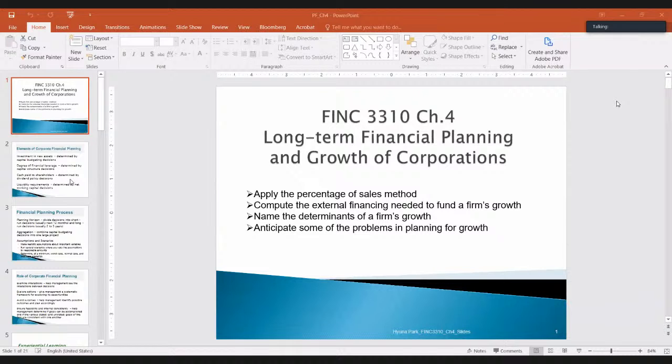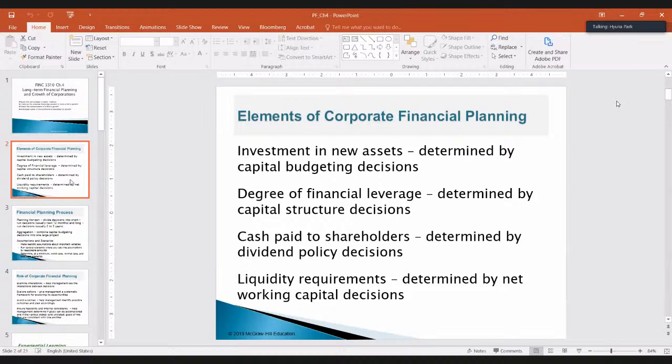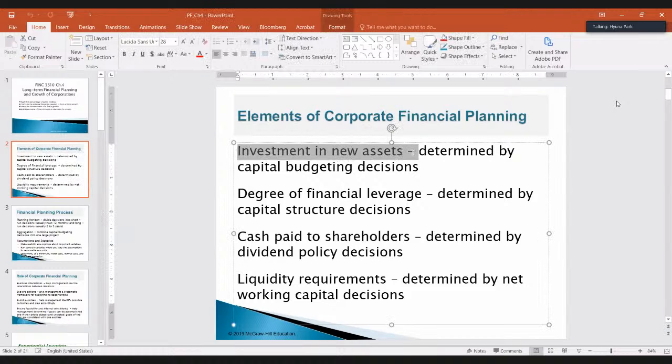When companies do financial planning, what kind of elements are in corporate financial planning? There are 4 elements. First, investment in new assets. Going back to the Target example, should the company invest in more cloud technology and develop better infrastructure to improve online sales?